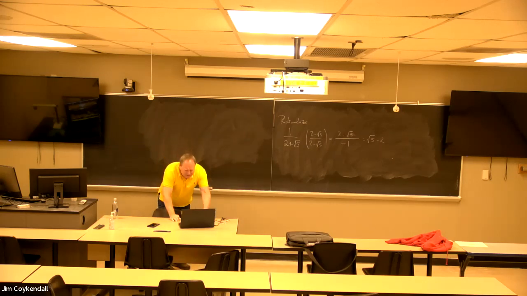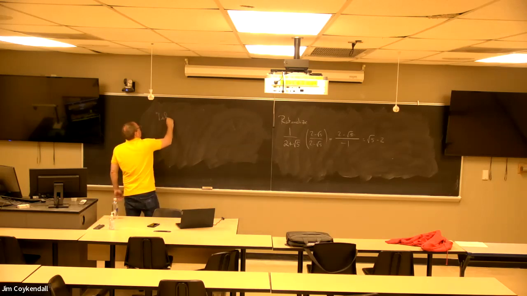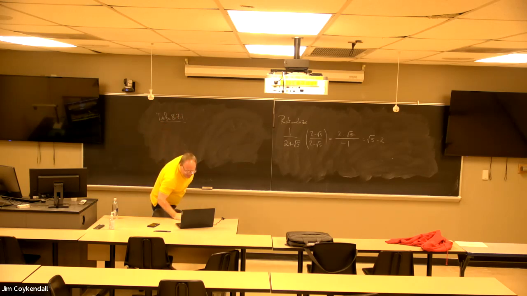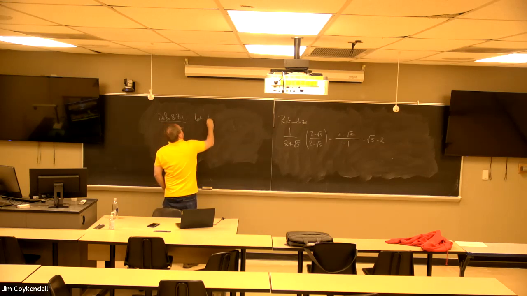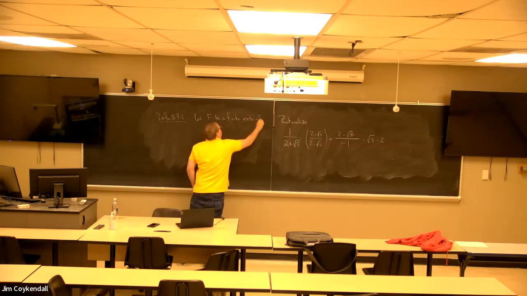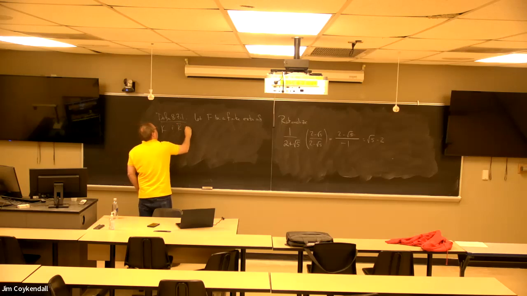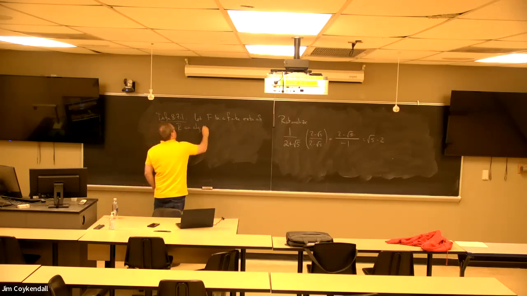So let me give you a definition and we'll wrap it up for the day. Definition. Let F be a finite extension of K, and K bar an algebraic closure.